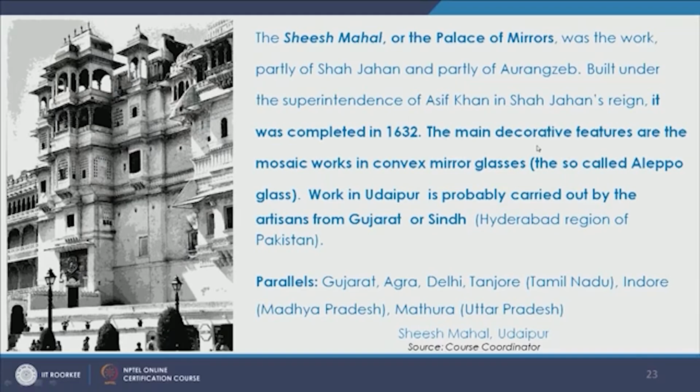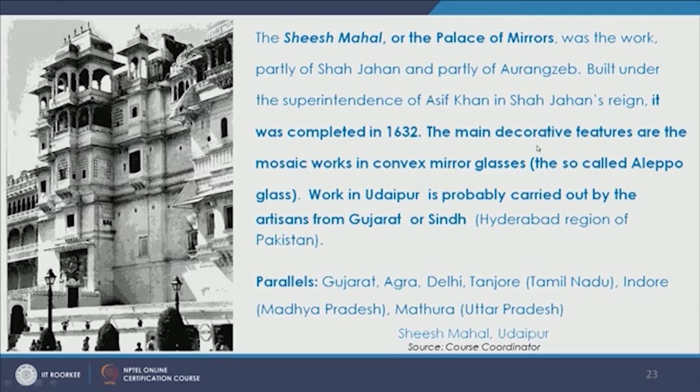The work in Udaipur is probably carried out by artisans from Gujarat or Sindh. So these kinds of influences are also seen. Migration of craft persons, and the skills of craft persons of one state being employed in another state, and a cross connection, exchange and transfer of ideas, all that could be seen. And there are several parallels to Sheesh Mahal Udaipur.